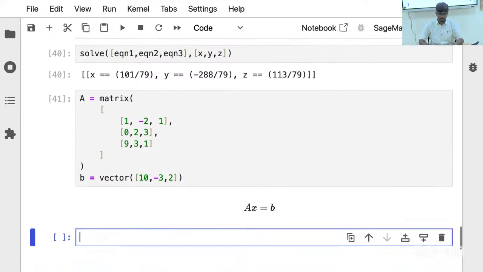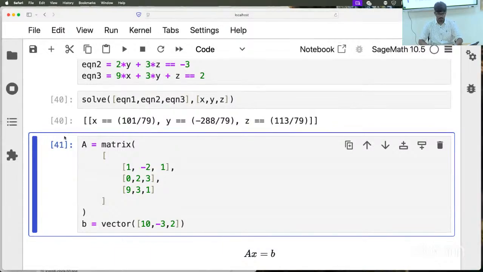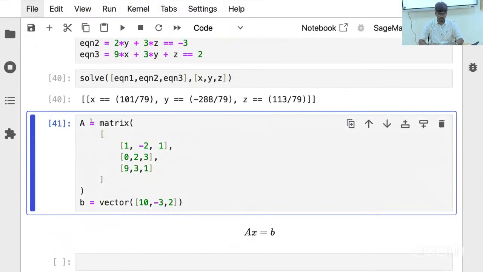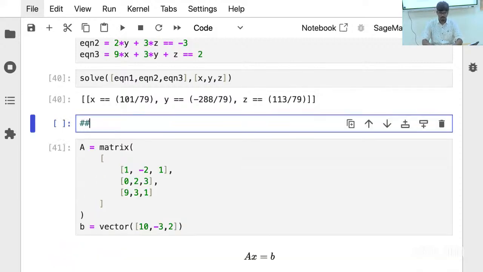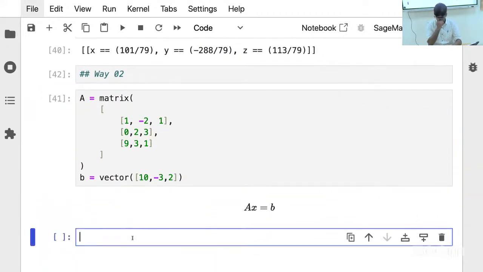Now, how will I solve this problem? Another way of doing it: the way I solve this is A dot solve underscore right, and in the braces you give the right-hand side.